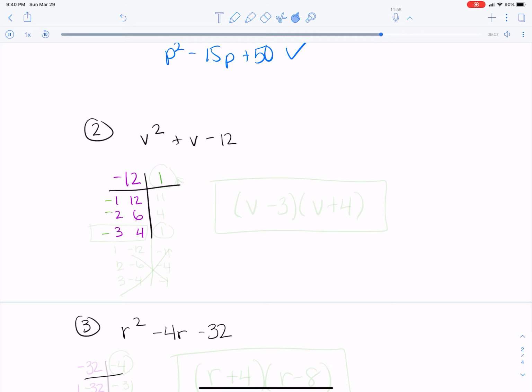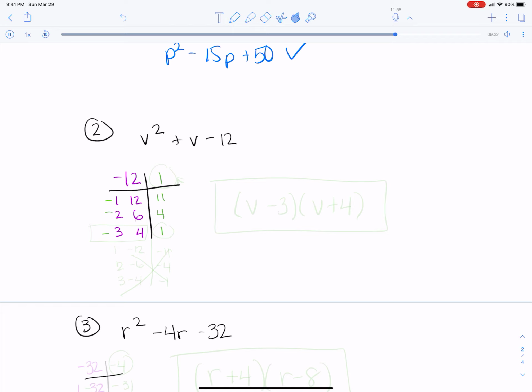A negative times a positive is going to give me that negative 12. And if I added them, negative 1 plus 12 is going to give me a positive 11. So that gives me a positive answer. That's what I want. Negative 2 plus 6 is going to give me positive 4. And negative 3 plus 4 is going to give me a positive 1.